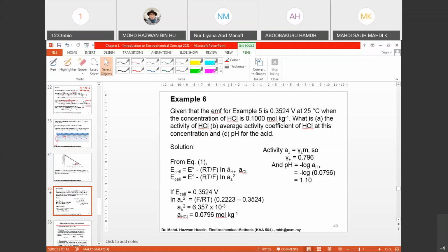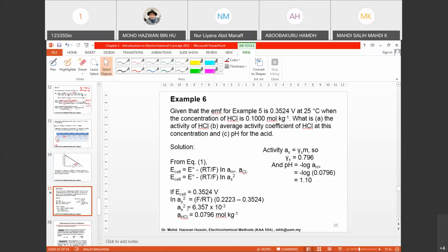Square because we multiply these two. Right, so if E cell is equal to 0.3524, because the question gives the electromotive force, this is the term. I hope you know what EMF means. In Malay, it is called daya gerak elektrik. In English, it is called electromotive force.